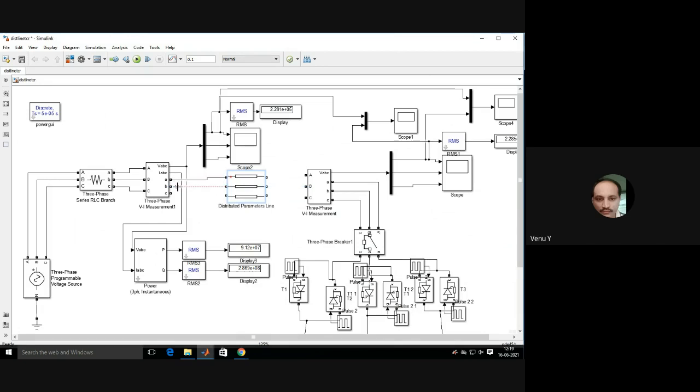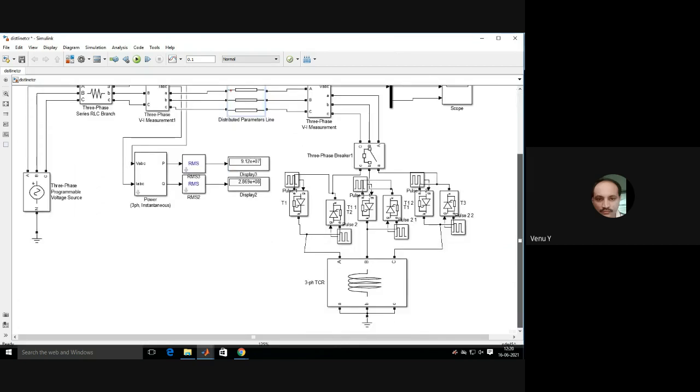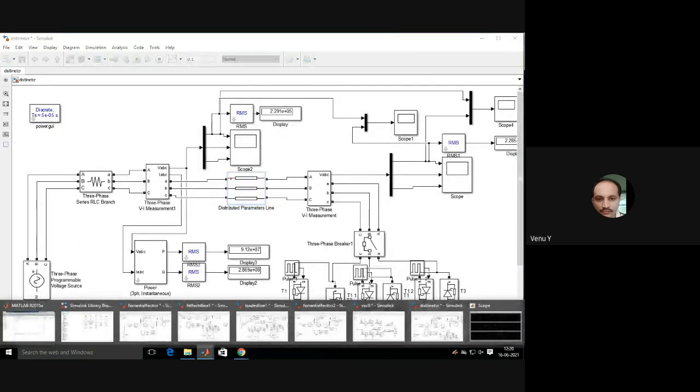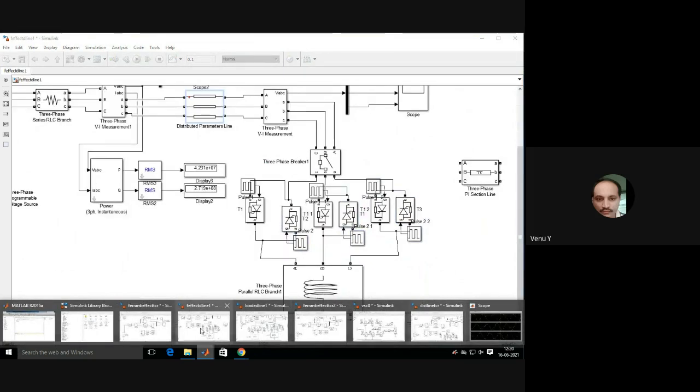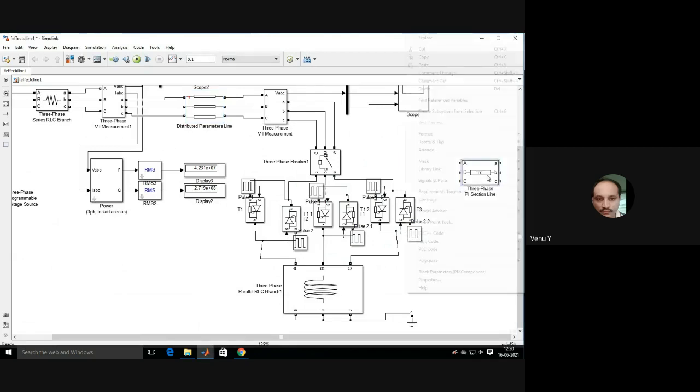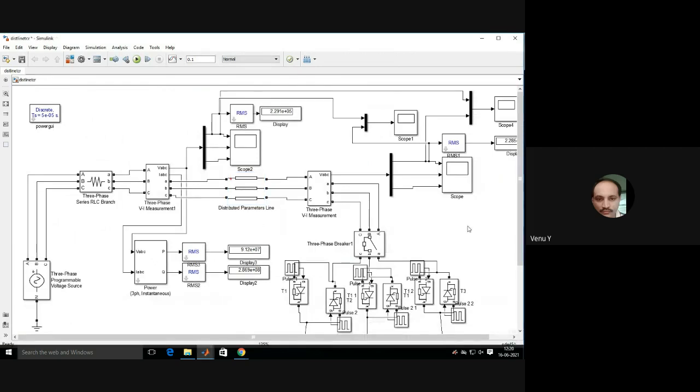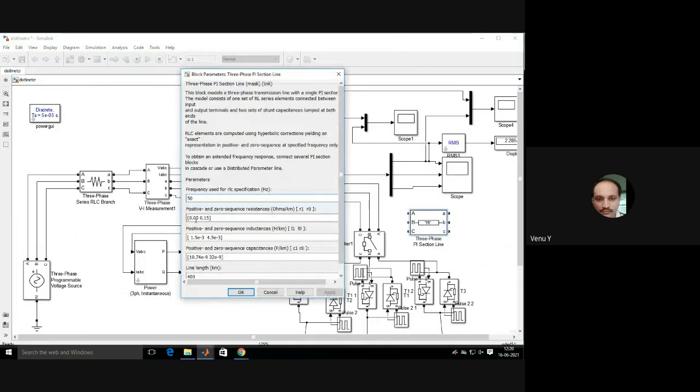Now I'm connecting a distributed line instead of the nominal pi line. In the nominal pi model, I'm copying the same data.